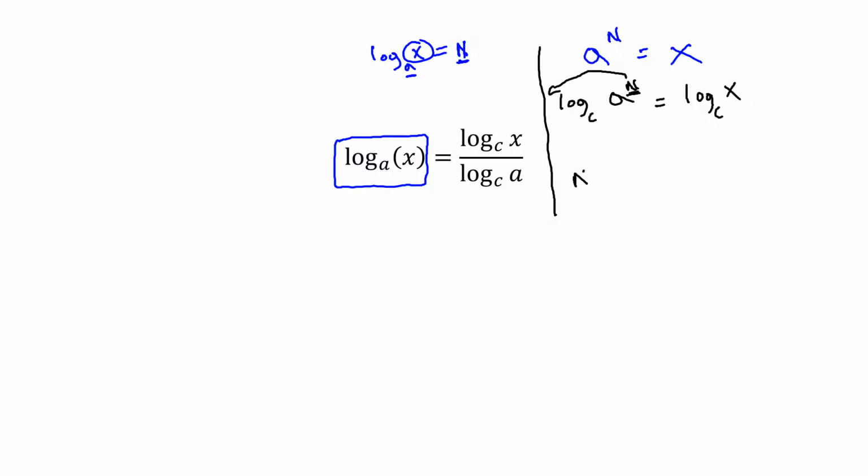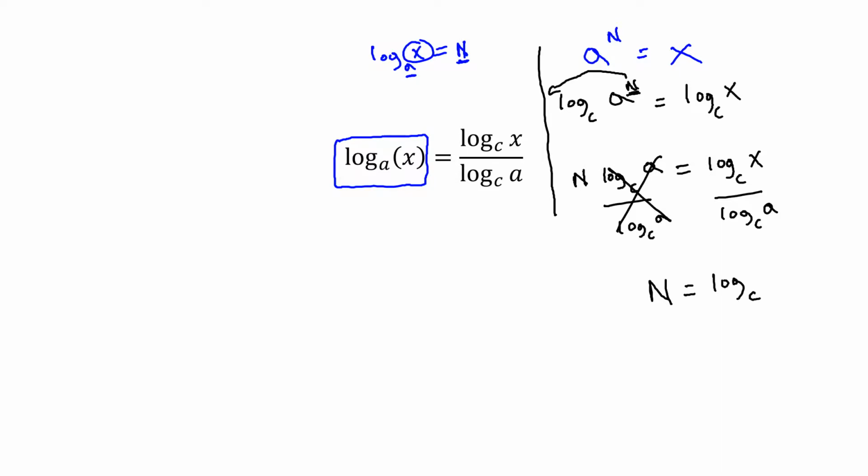So it'll be the same as saying n times log base c of a equals log base c of x. Now if we solve for n, we can divide both sides by log base c of a, and this whole side cancels out. We just have that n is equal to log base c of x over log base c of a.